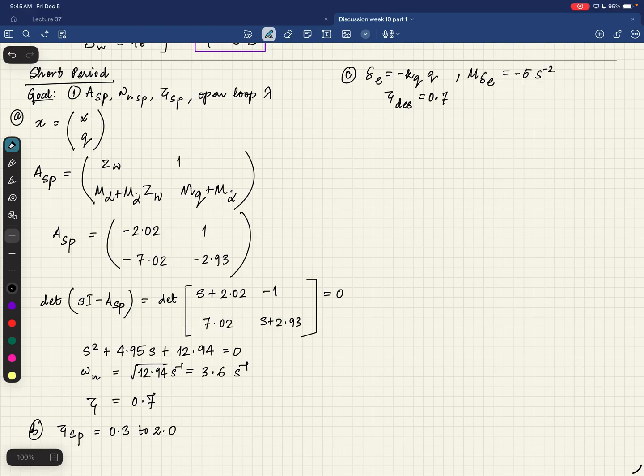Okay, so here, since we only have zeta, we are only looking at the q feedback term. Because of the shortage of time, you will go ahead and note down the second q equation, and for it, now you have negative M delta E times KQ times q as the forcing term, which if you take it to the other side, it becomes MQ plus M delta E times KQ times q.